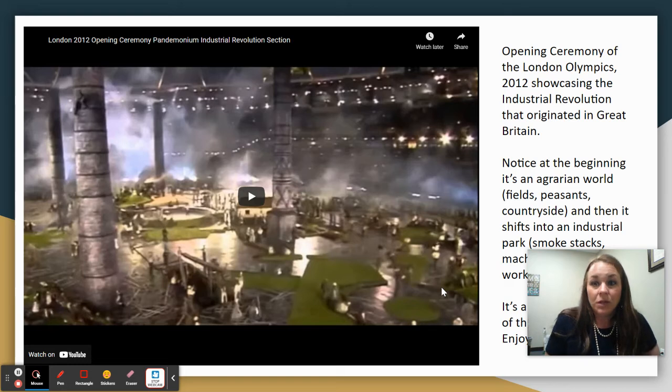And so the 2012 London Olympics was an amazing theatrical showcase of British history. There's this entire section that shows them going from agriculturally based to the Industrial Revolution and becoming the workshop of the world. And it's just a really cool, artistic look at it. The guy that's narrating even makes the comment, like, this is my kind of history lesson.